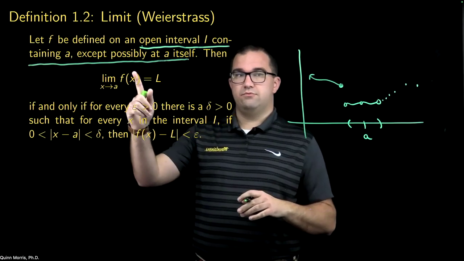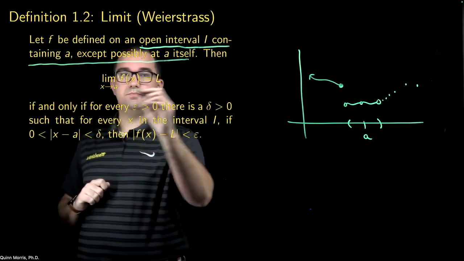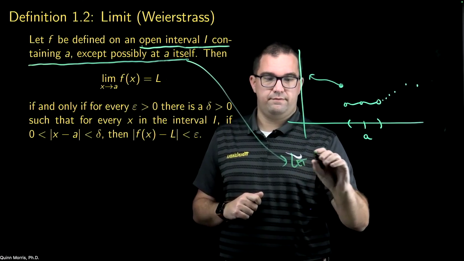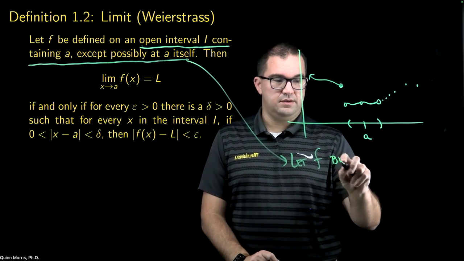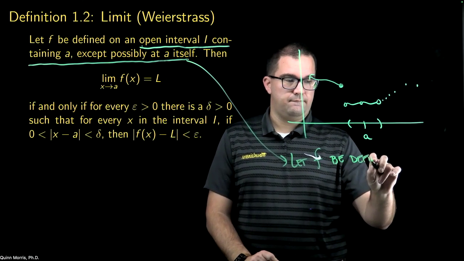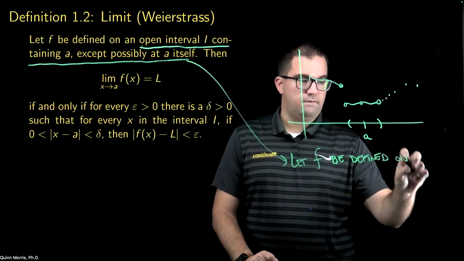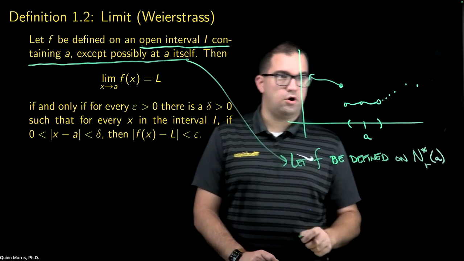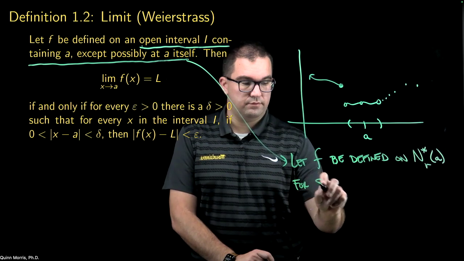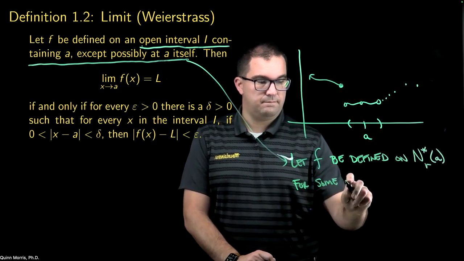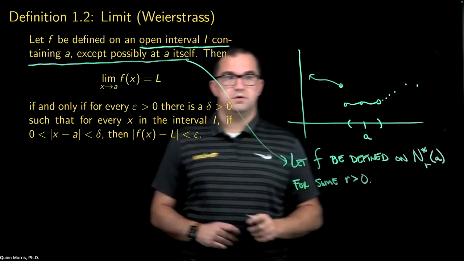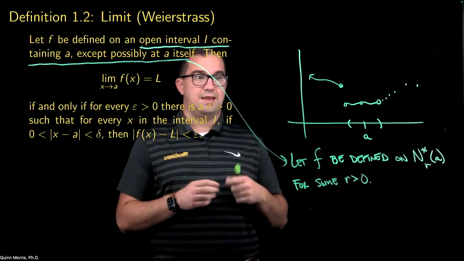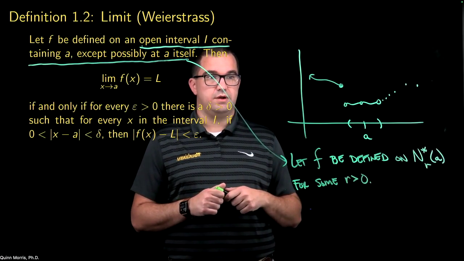So we could rephrase this first bit now to say instead, let f be defined on the deleted neighborhood of radius r around A for some r greater than 0. So really this condition is saying that your function needs to be defined on some deleted neighborhood of the point A.